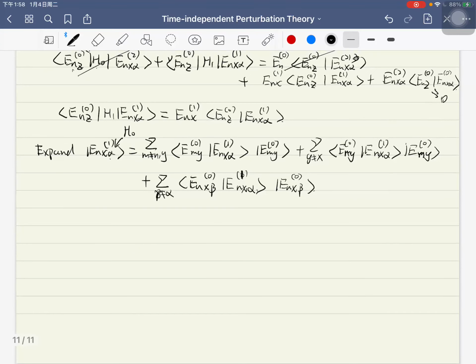So we can find this term equals <E_nz^0|H1|E_ny^0>.